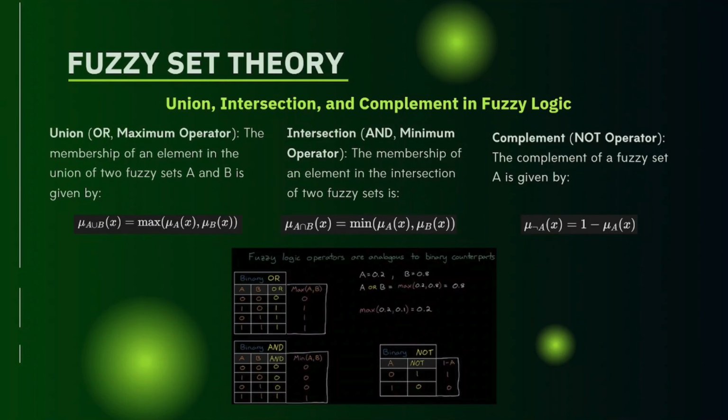So the complement becomes 1 minus this number, because all the numbers range between 0 and 1. So the complement will be the value left in order for this number to complete a full 1. So NOT 0.5 will be 1 minus 0.5, which is 0.5 for this example. Or 0.2 will be 0.8.